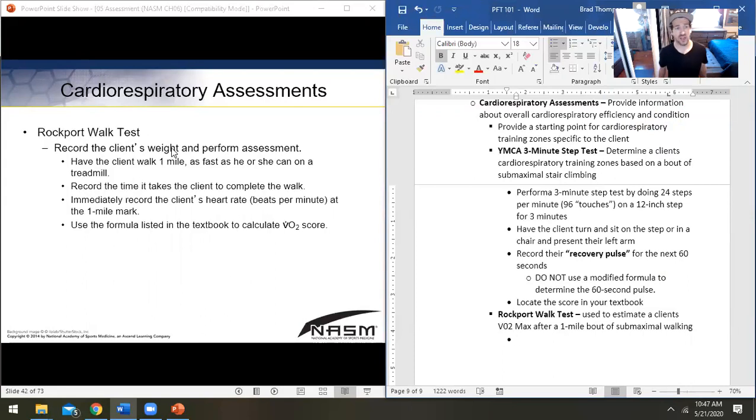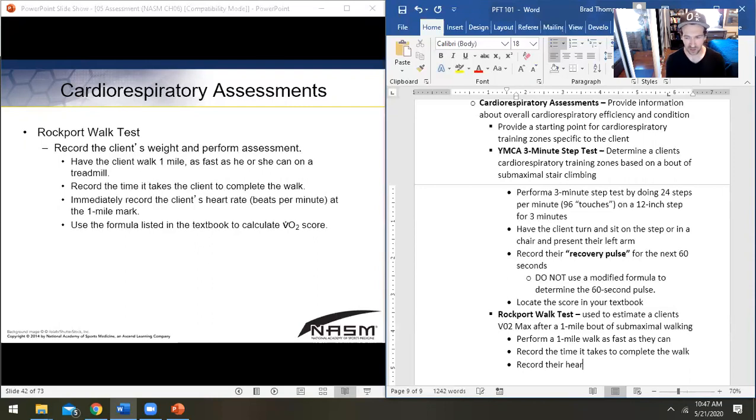So record their rate. Our protocols: perform a 1 mile walk as fast as they can. Record the time it takes to complete the walk.